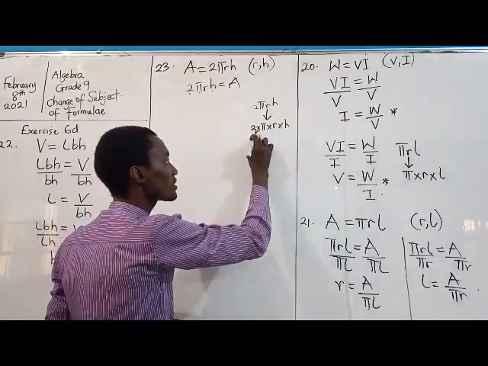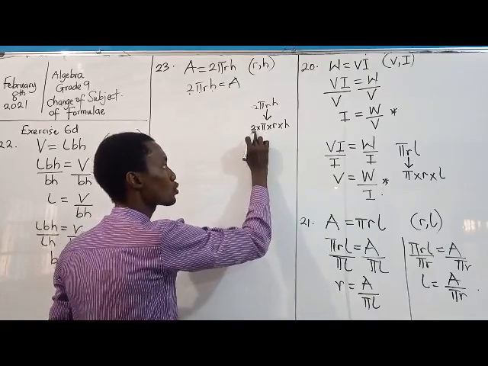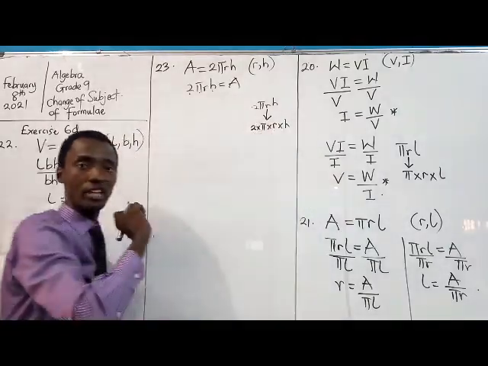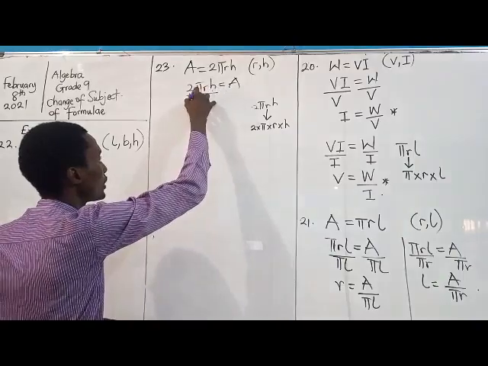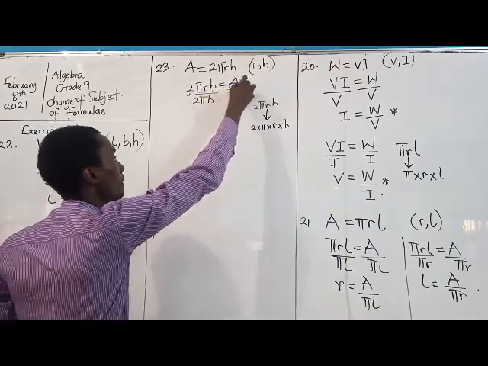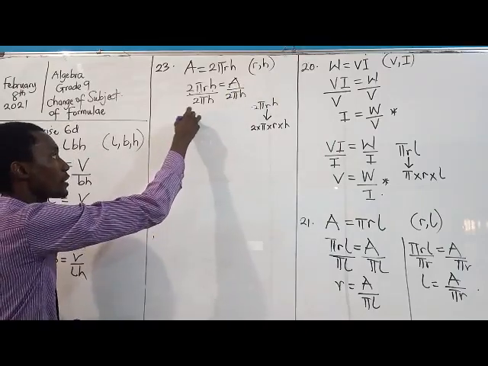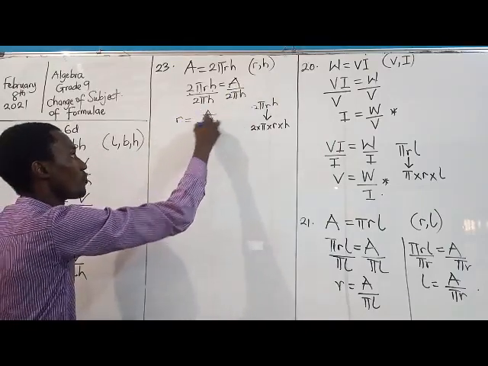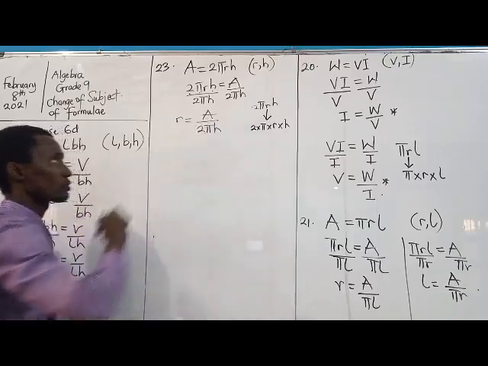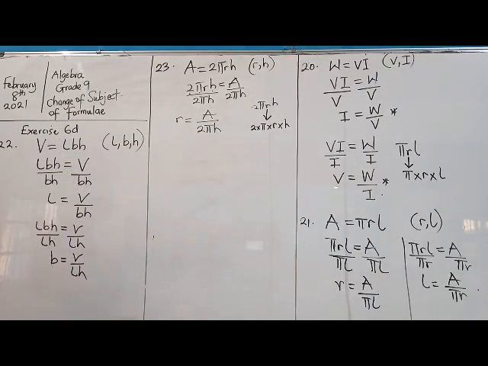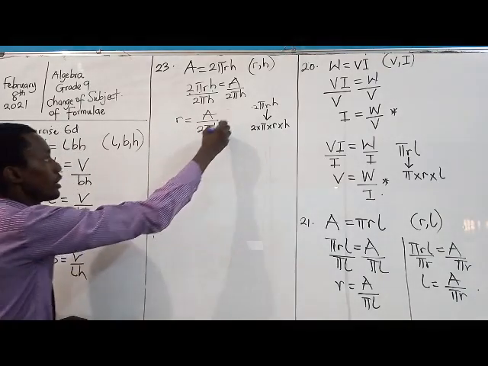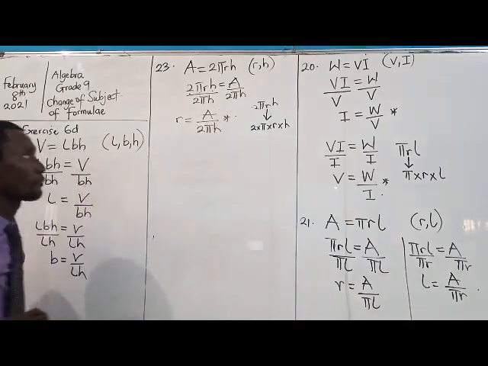So if I don't need this and this, I divide by 2 pi and h. So that's exactly what I'm going to do here. And R will be equal to A over 2 pi h. This takes care of the first one.